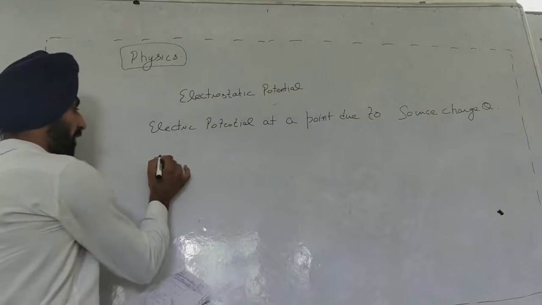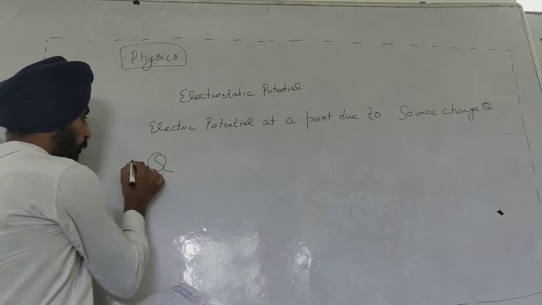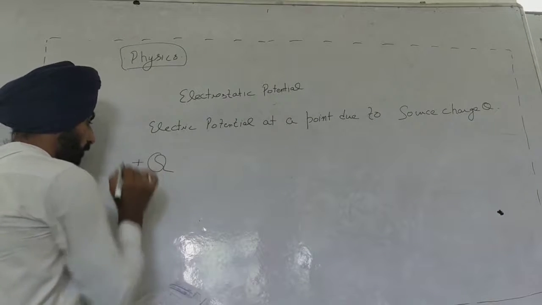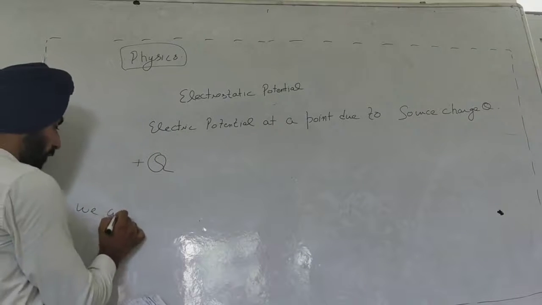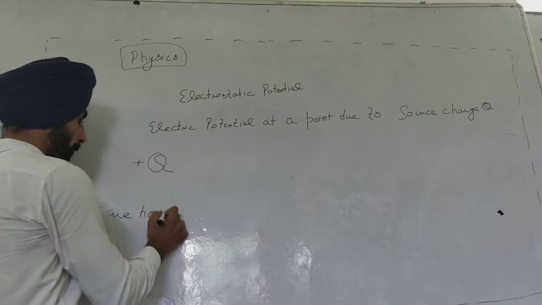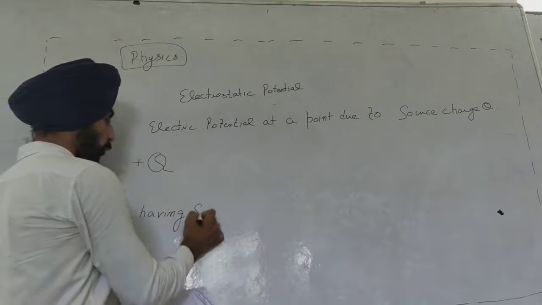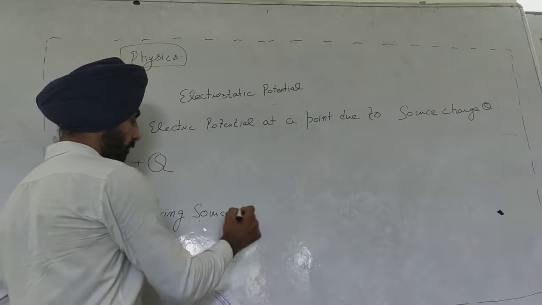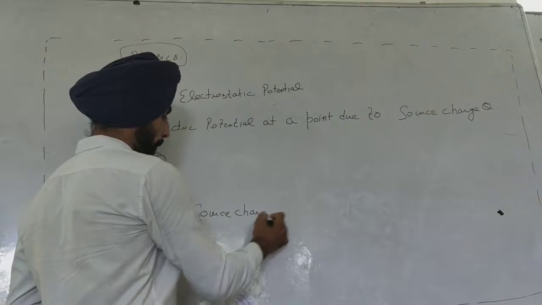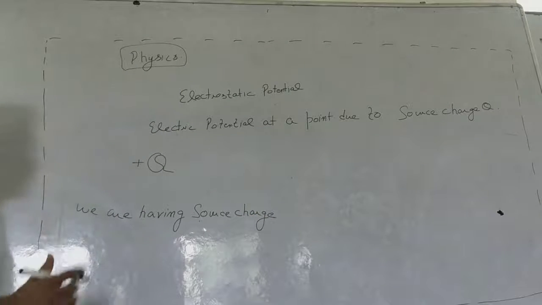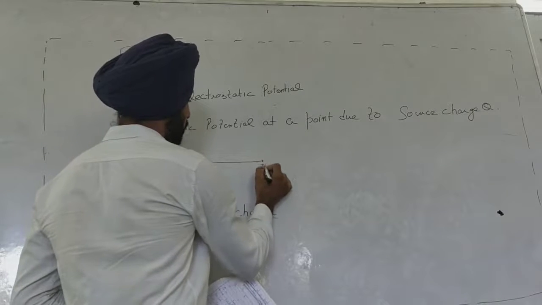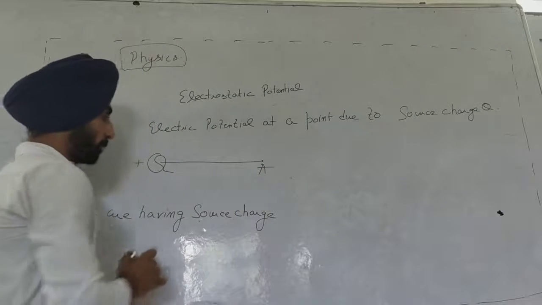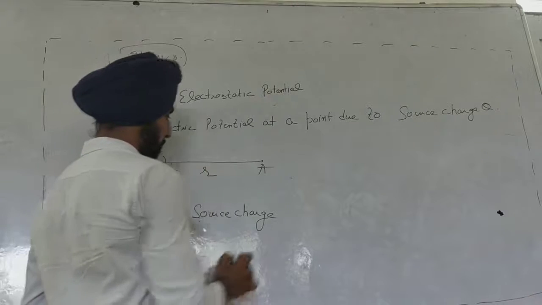Suppose this source charge Q is positive. We have to make suppositions also. We are having a source charge, and we will be calculating the potential at point A, that is at distance r.